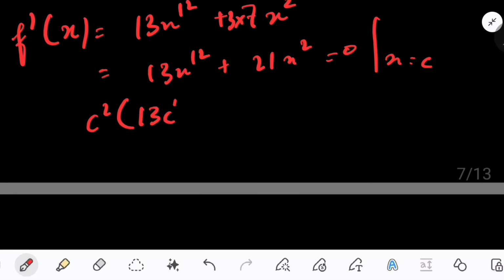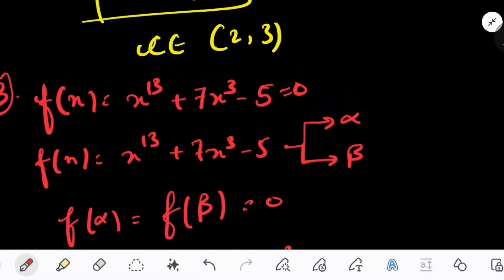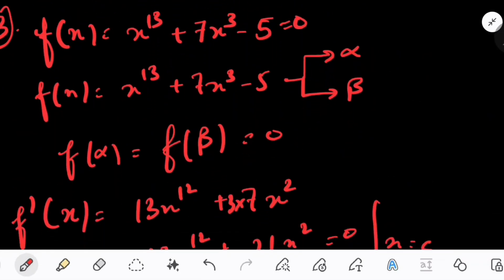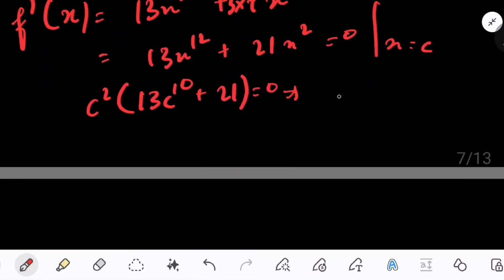You get 13c to the power 10 plus 21 equal to 0. Observe that there's a possibility that c can be 0, but that is a particular case, right? So we can't just take that case and solve. That is why you have to take a general case. So you get c to the power 10 is equal to negative 21 by 13.